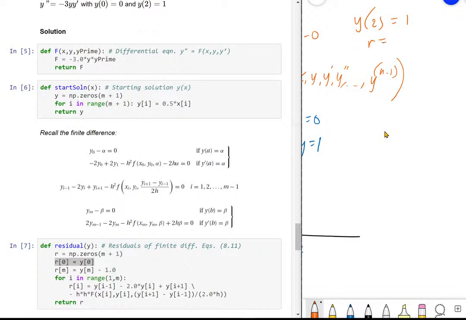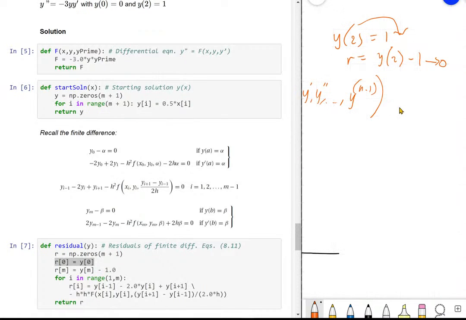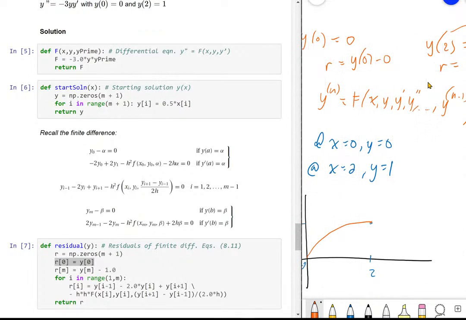So the residual is actually y of 2 minus 1. So you just transpose this one, and the residual should be approaching 0. The residual should be approaching 0 because it's like the error of the problem. It approaches 0, and so the same here, it should be approaching 0.